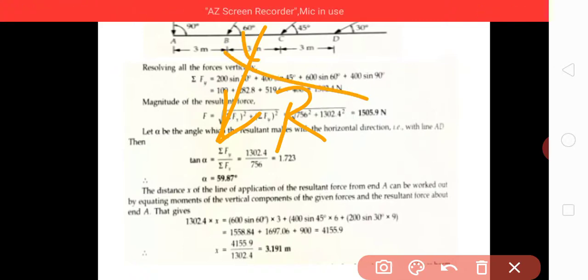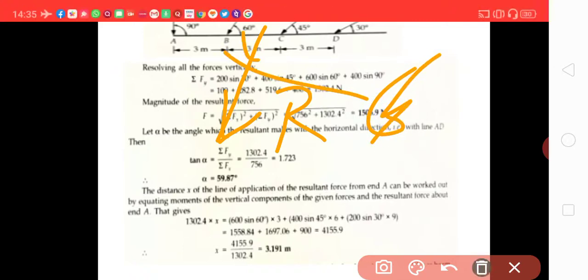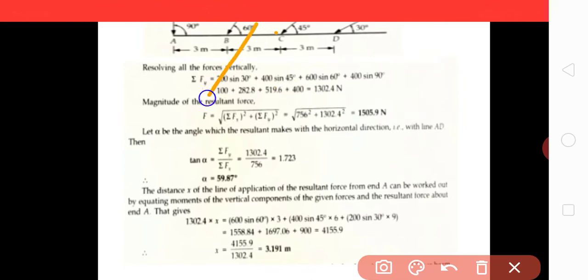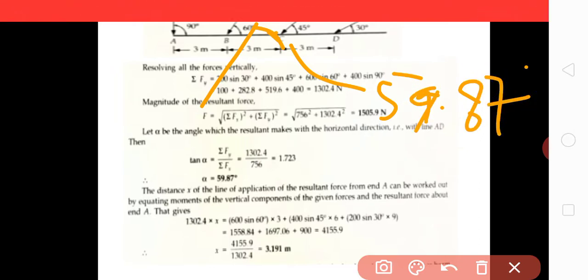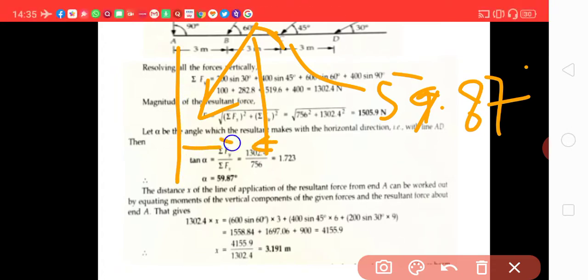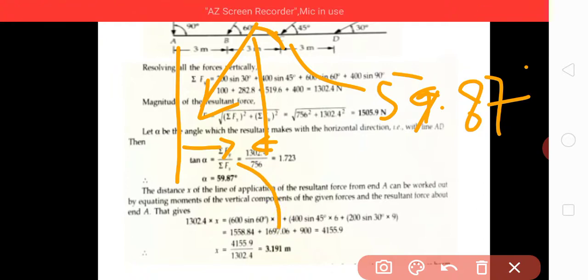This angle will be 59.87 degree. It will be passing through this way, and this distance will be 3.191, around 3.2, from the reference point A.